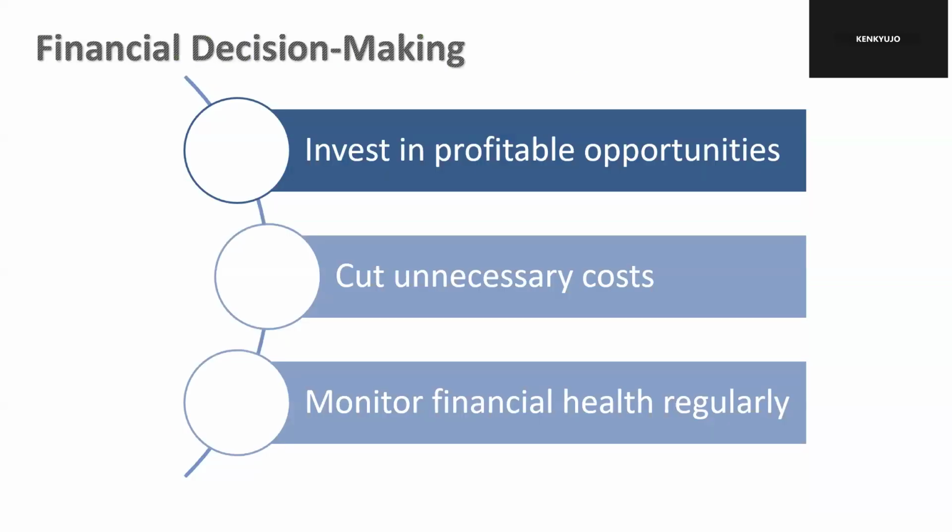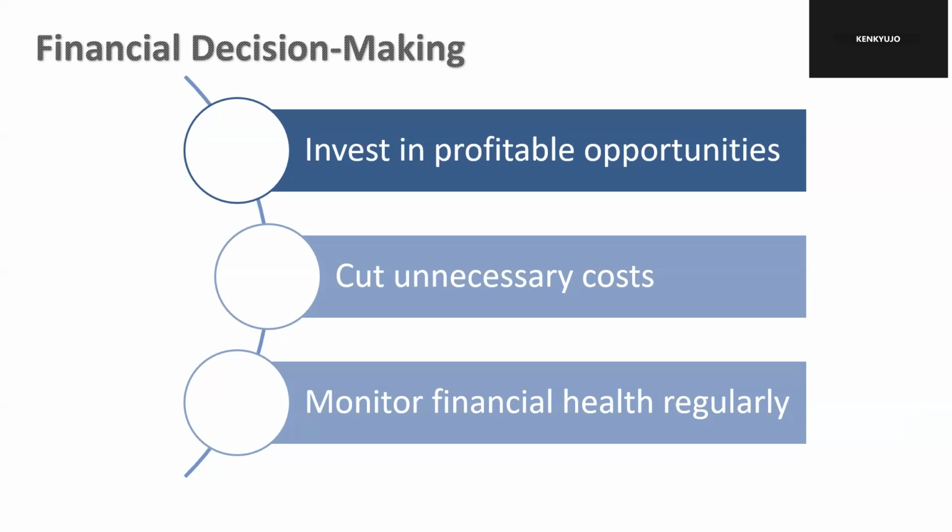When considering financial decision making, invest in profitable opportunities. Based on the financial condition, the organization can invest in profitable opportunities. And also the organization can cut unnecessary cost. So it is also based on the budget; they can take the decision.